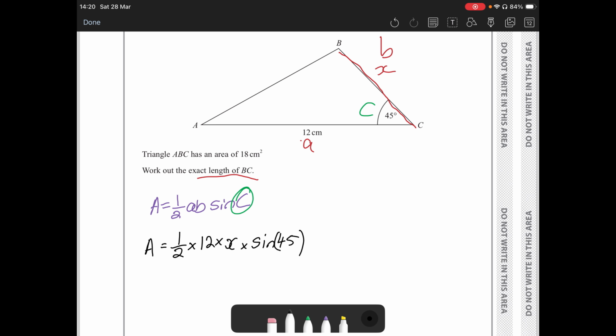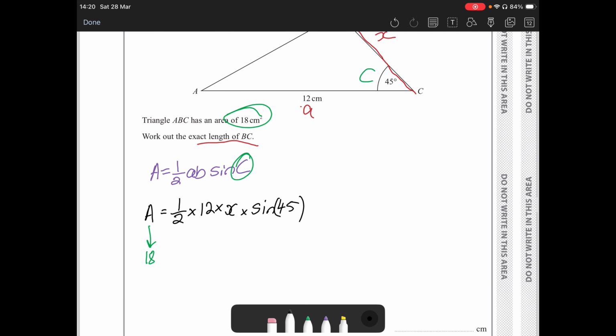We know the area is 18, so 18 equals all of this. To tidy things up, the half times the 12 gives me 6, so you can write 6x. If you've got a number next to a letter, it means times anyway. And then the sine 45 comes down as well, times sine 45.